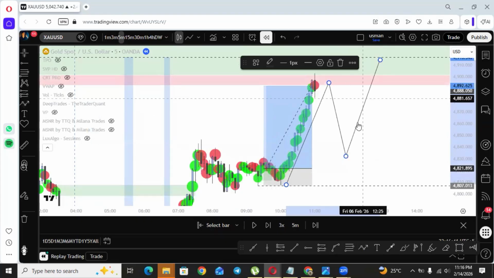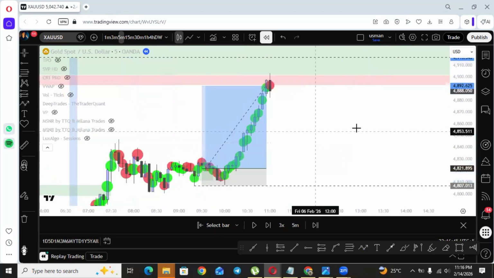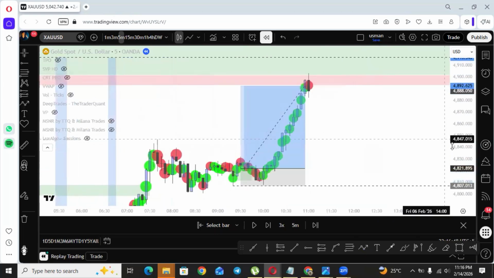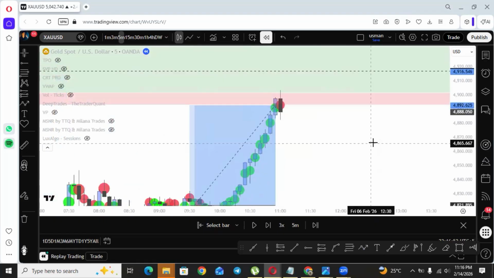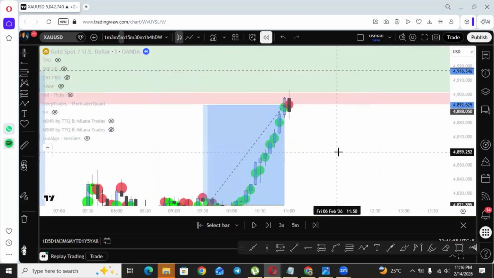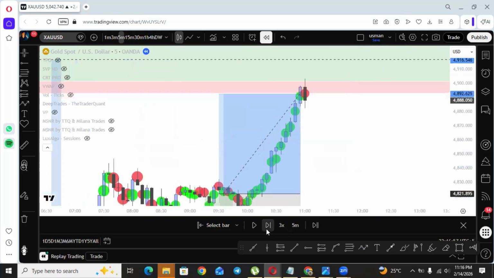Okay, you learned this basic structure thing at the start of your trading journey. So you have to be flexible when you are reading and trading the market.